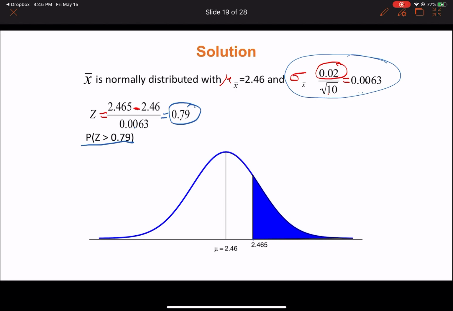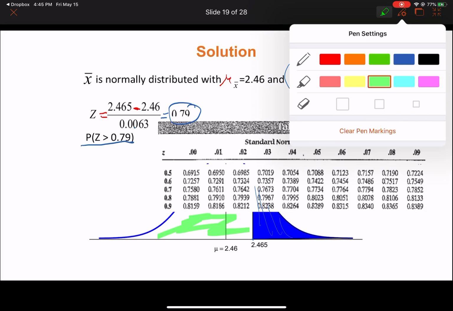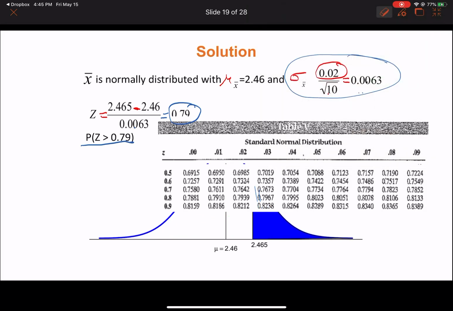So I want to know the probability that we are up here. Remember our z table, our table 5? Table 5 will give me this piece down here. It'll give me everything to the left of that, and I want everything to the right of that. So what I'm going to do first here is look for z-score 0.79.